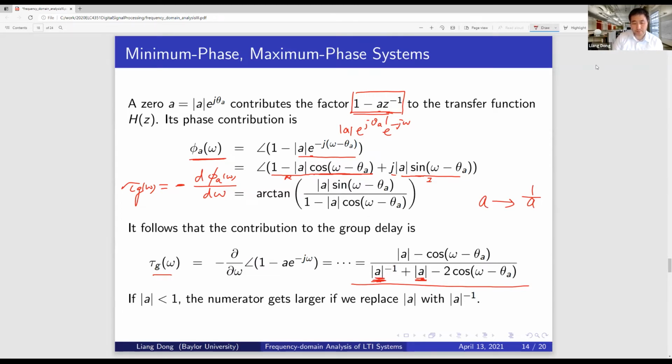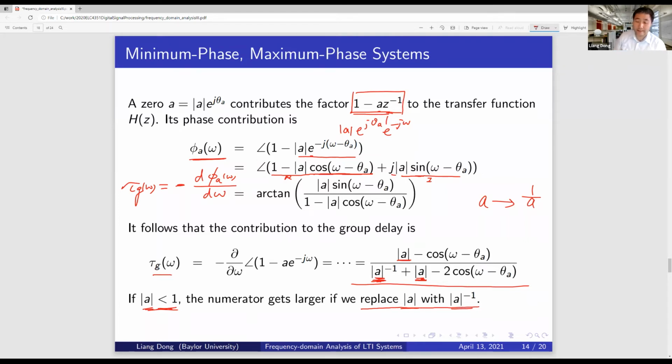It's not changing anyways. However, if you look at the numerator, I have only one term, which is the absolute value of A. So if I have a zero within the unit circle, that means the absolute value of A is less than 1. The numerator will be larger if we replace that with its reciprocal. Because this is less than 1, if you replace that with the absolute value of A to the power -1, then you will expand the numerator and it becomes larger.